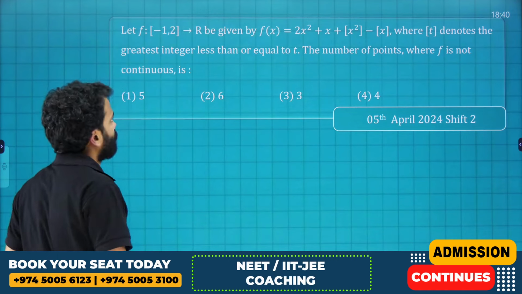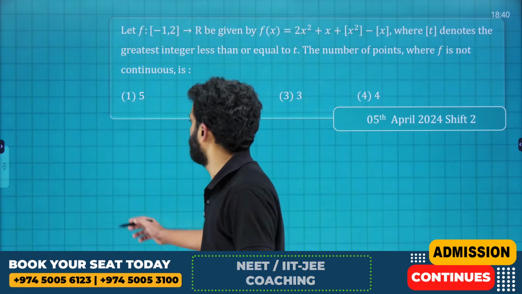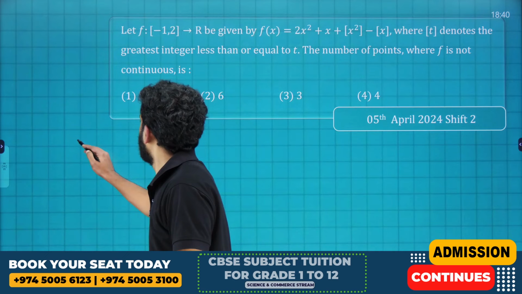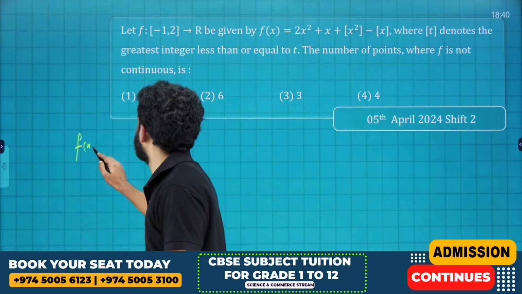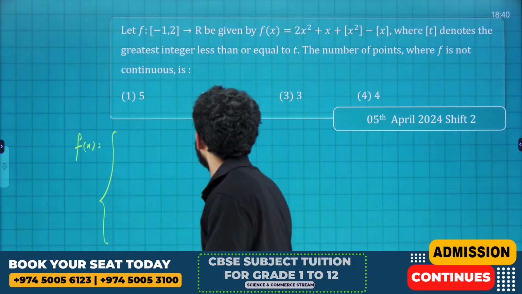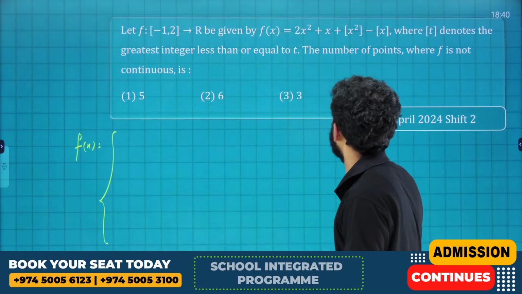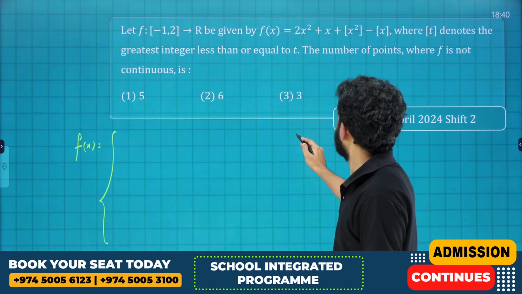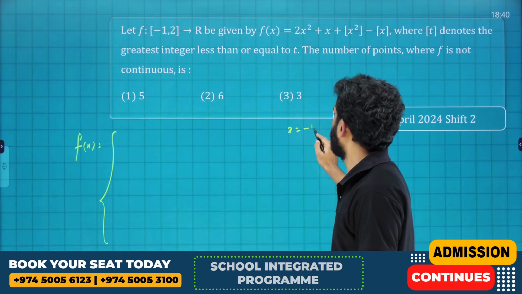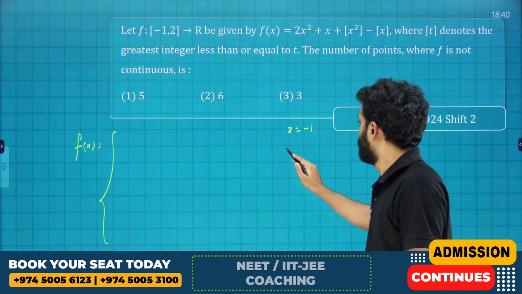The interval is from minus 1 to 2, right? Therefore, we can formulate it accordingly. That is, the corresponding intervals will be, f of x is equal to, we can mark it over here. The interval should start with x equal to minus 1, that we need to assign first.